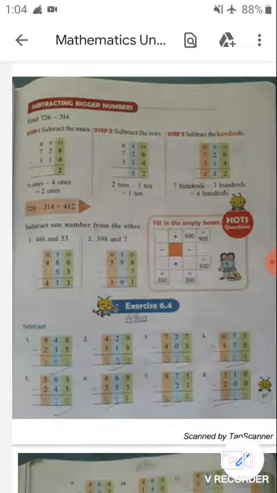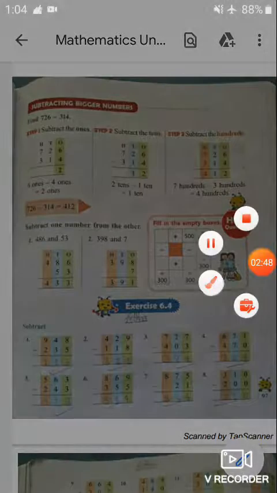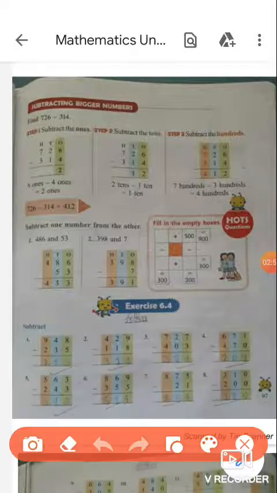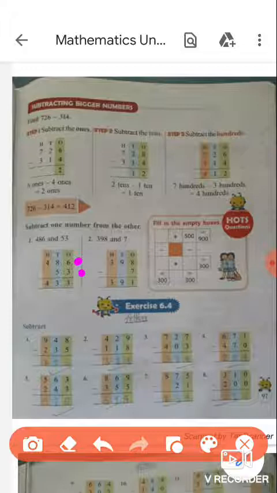Now students, let's practice one more example. Subtract one number from the other. So students, here first of all, in step 1, 6 ones minus 3 ones, it means 3 ones.